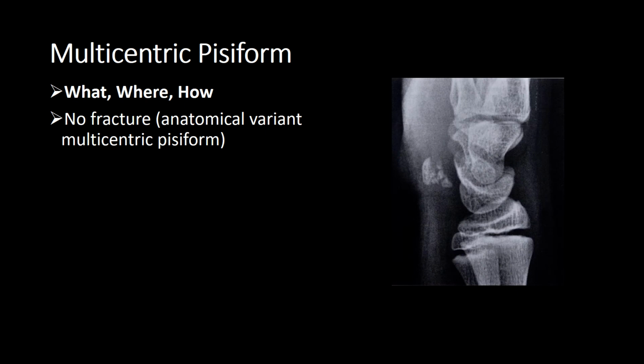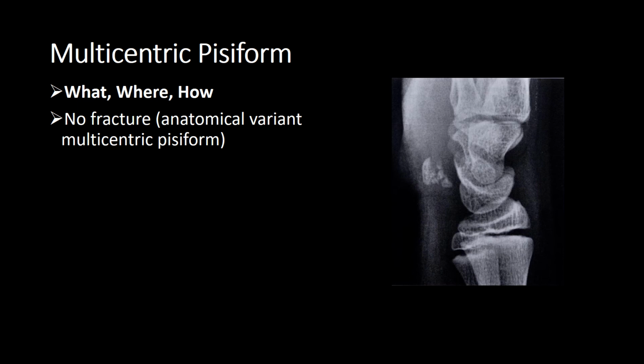The pisiform is a sesamoid that sits within the flexor carpi ulnaris tendon. It's the last carpal bone to ossify and may ossify from multicentric ossification centres. It's important not to confuse these for fractures.